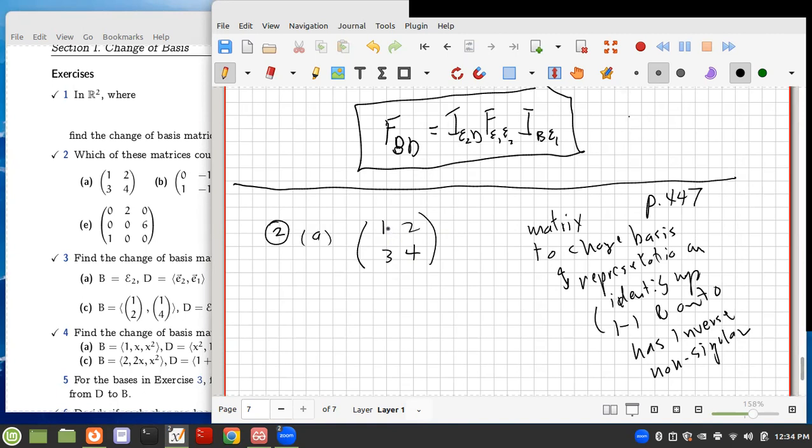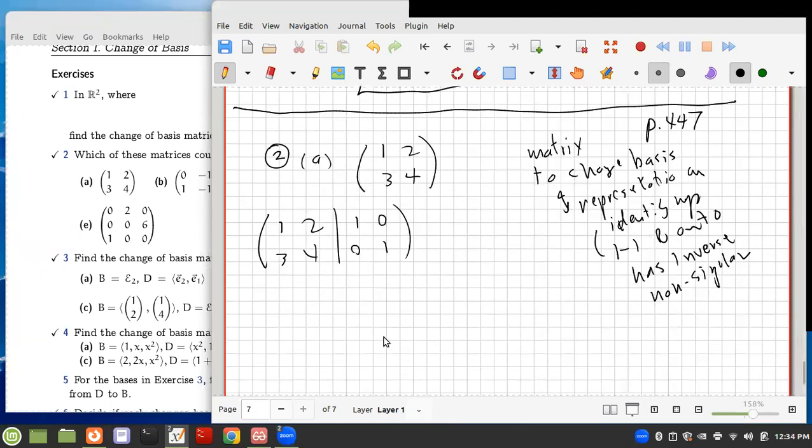So how would you detect whether it has an inverse? To answer this question, we go through and see if it has an inverse. We do -3 row 1 plus row 2 to get 1, 2, 1, 0, and then -3 plus 1 will give me a 0 there, and -6 plus 4 is -2.